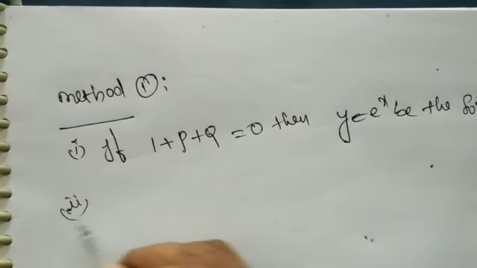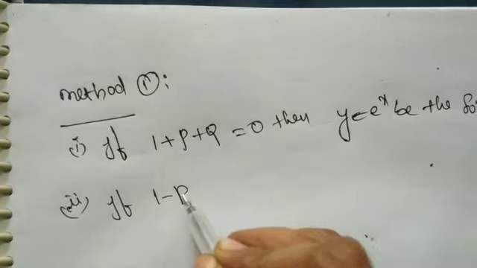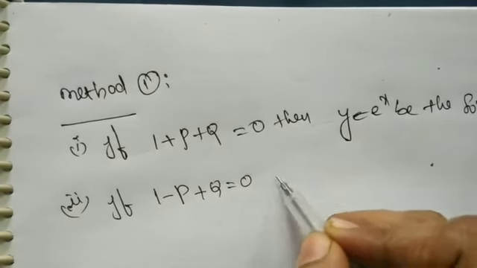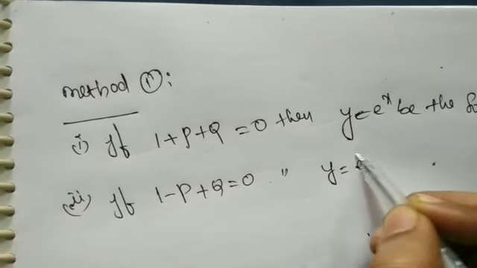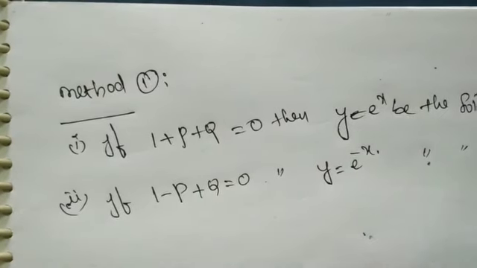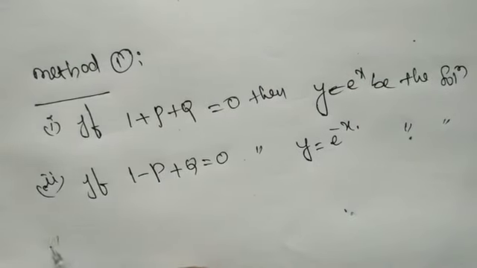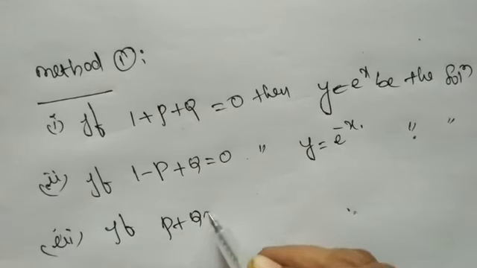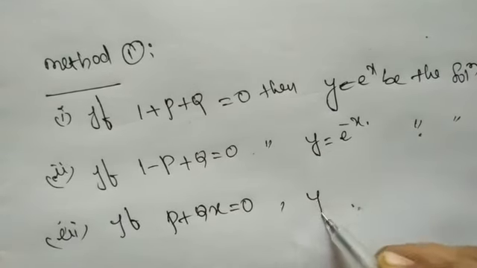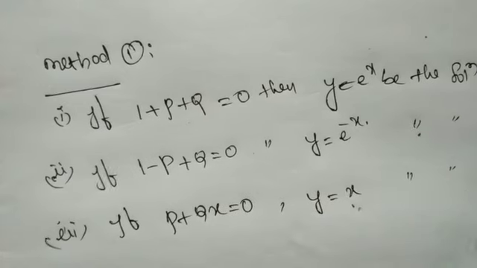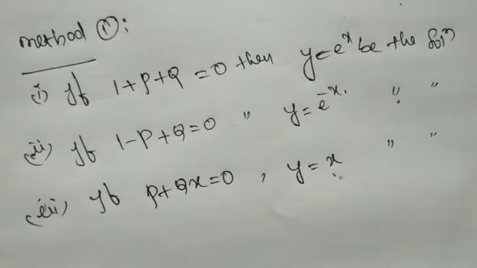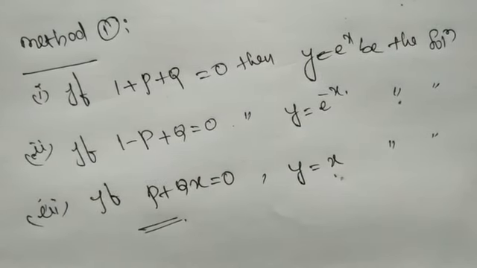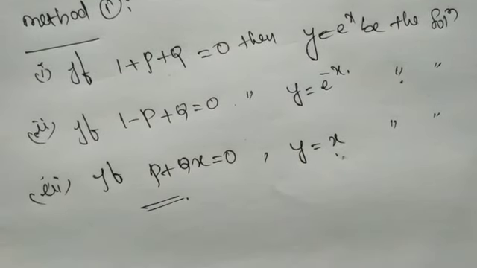Second, if 1 - P + Q = 0, then y = e^(-x) is a solution of the given problem. Third, if P + Qx = 0, then y = x is a solution of the given problem. So this is method 1 of second order linear differential equations.